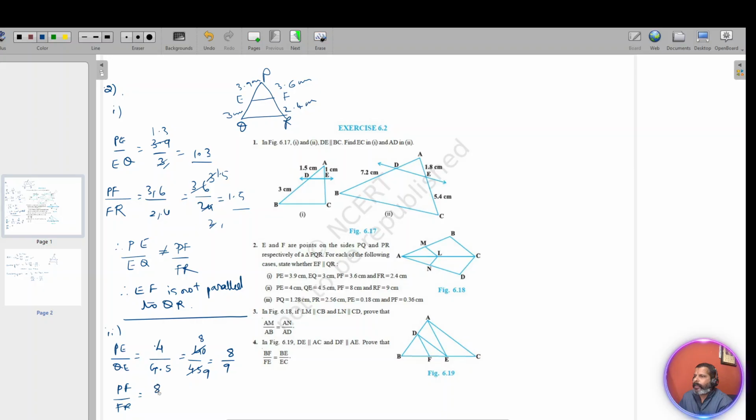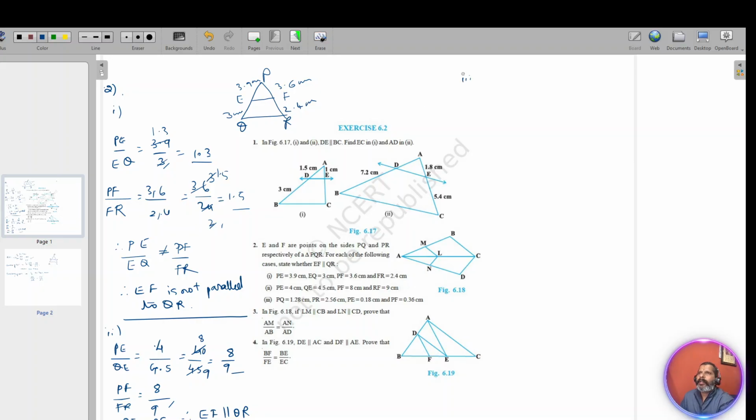What is PF? 8 by FR is 9. So looking at them, both are the same. Therefore, we will say PE by QE equals PF by FR. Therefore, we will say EF is parallel to QR. When we say they're parallel, just write the parallel symbol. If the ratios are not the same, you don't say parallel and scratch it. There's no symbol like that. You have to write not parallel.